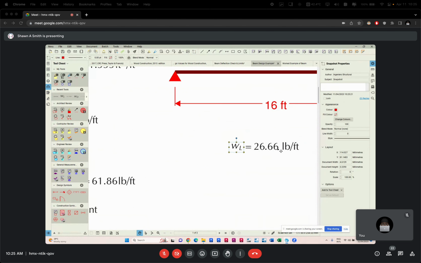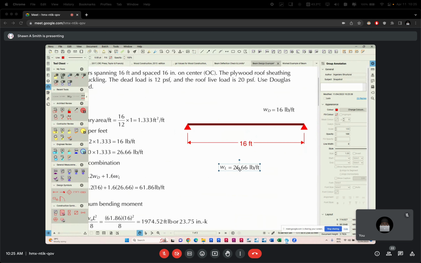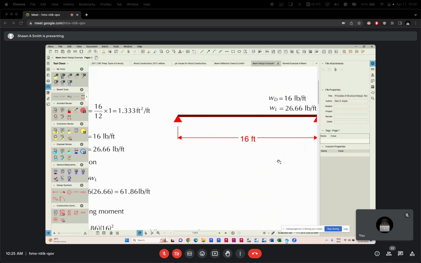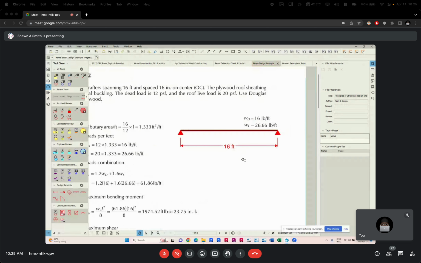So what we have is this. All right, fine. So that's our beam, class. Everybody have that? Make that quickly. That's what we have as a beam.